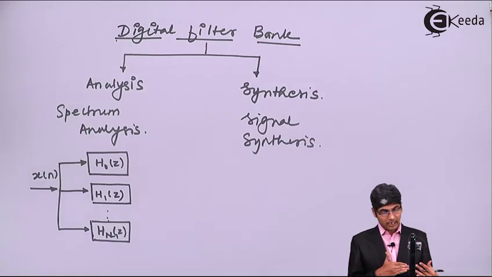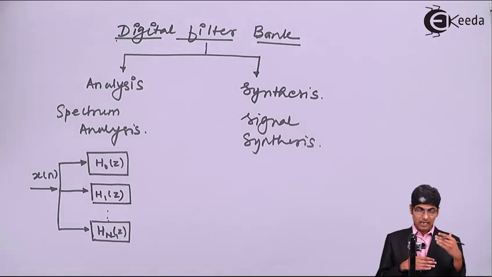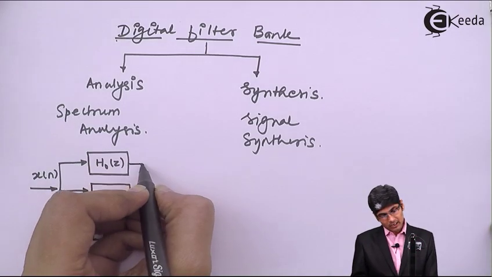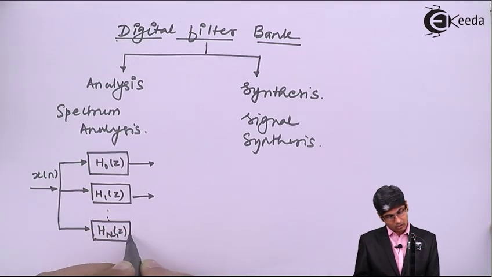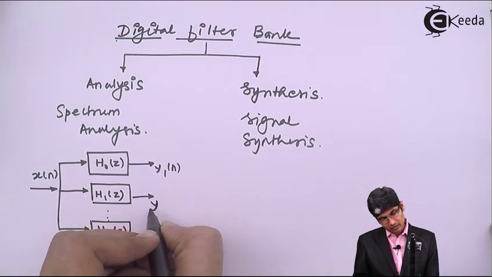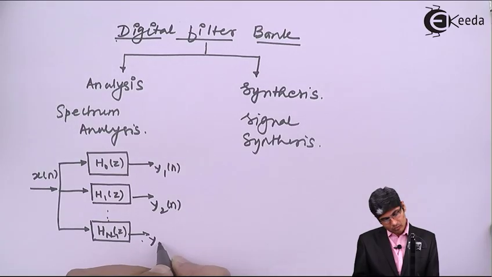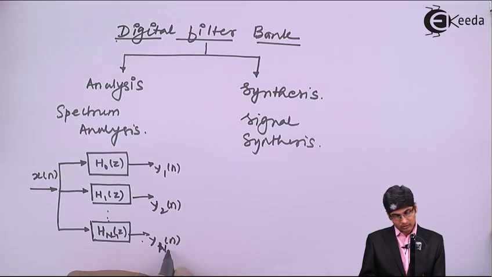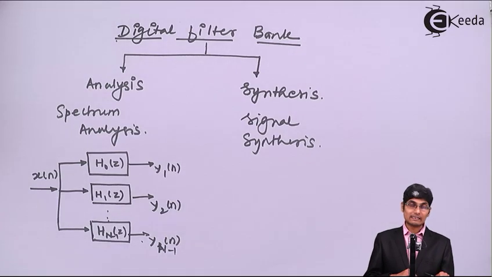So in total I have n components, and it starts from 0 and ends at n minus 1. Each of them will produce an output which we call y0 of n, y1 of n, y2 of n, and so on, or y n minus 1 of n, because it is the last sample.